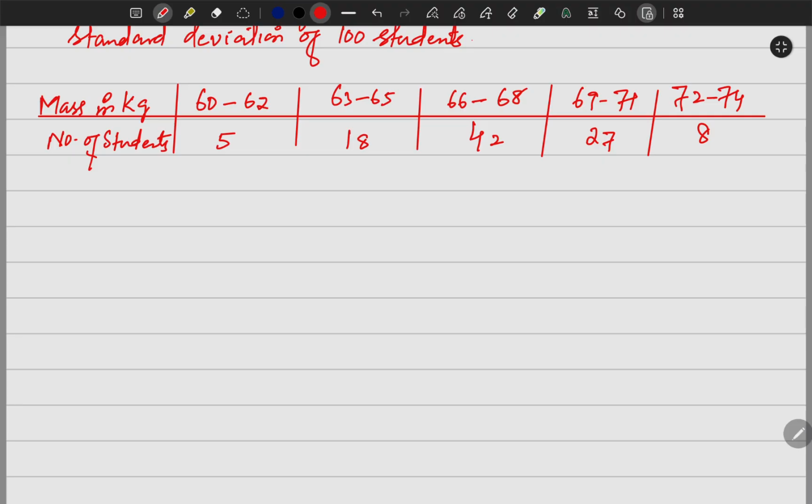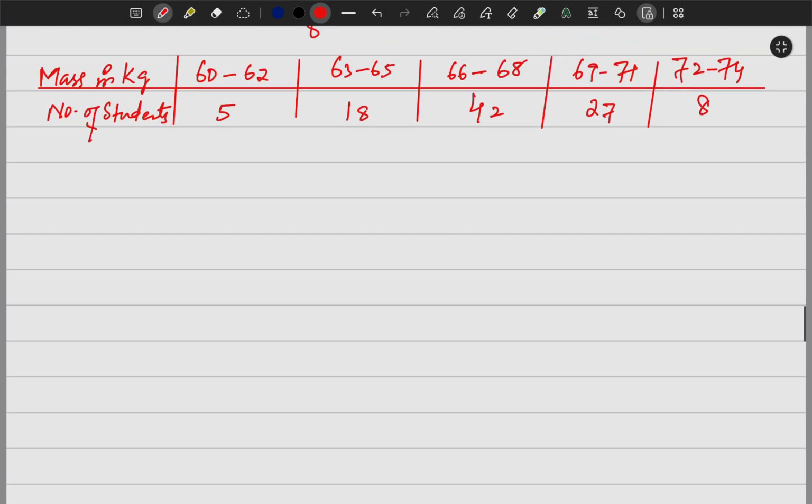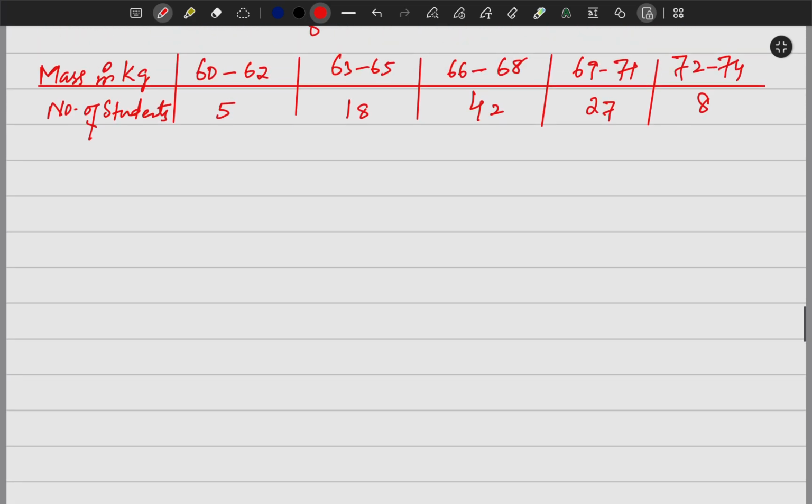Okay, now you have to find the standard deviation of 100 students. So again, what you do, you assume the mean to be equal to 67.